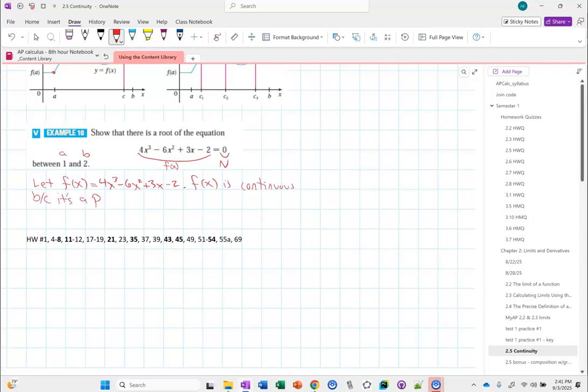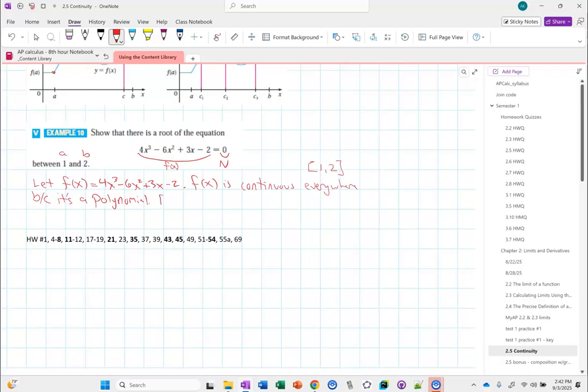I know that's right. Notice that I didn't have to prove continuity here. And I should probably say continuous everywhere. Specifically from 1 to 2, but everywhere is good enough.